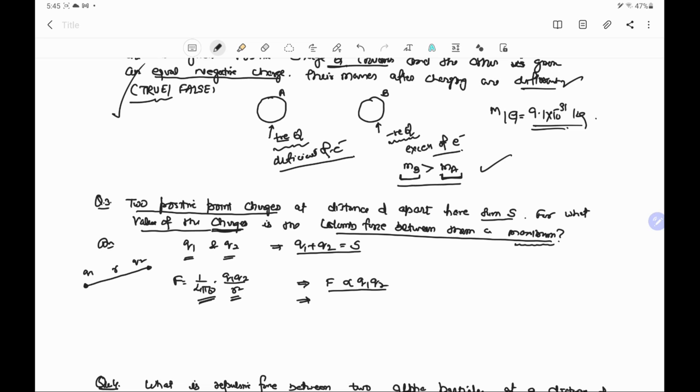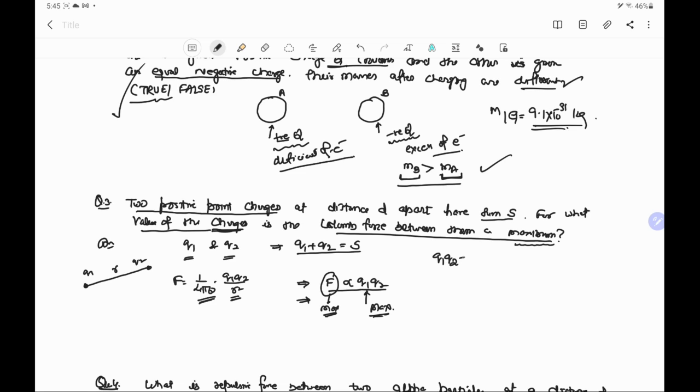So if we have to maximize this force, we have to maximize Q1 Q2, because F is proportional to Q1 Q2. Hence we have to check the value of Q1 Q2 for which the product of these two charges becomes maximum. So what is Q1 Q2?